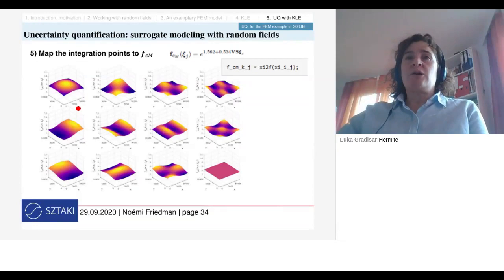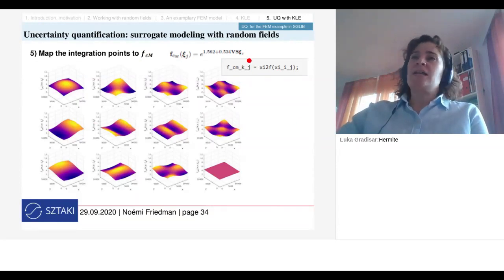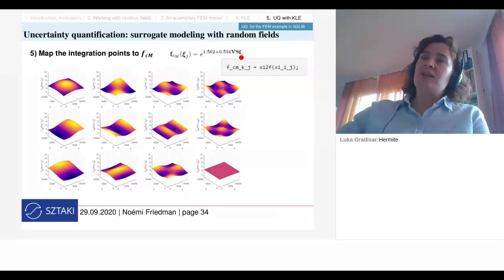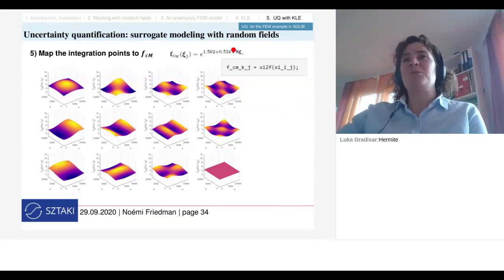Okay, and this is a plot now of the scaling field itself, namely the scaling field at the integration points. So I need to run the deterministic solver at the defined psi integration points. But as you remember, psi needs to be mapped to Q, and then Q needs to be mapped to the Gaussian field, which is this term here, and then mapped to the log normal field, which is this expression here.